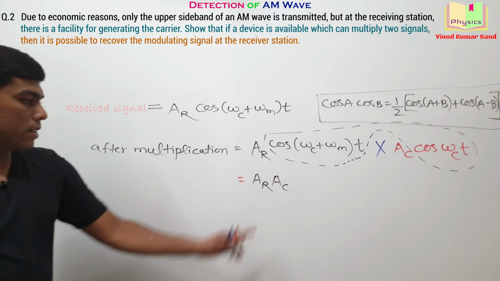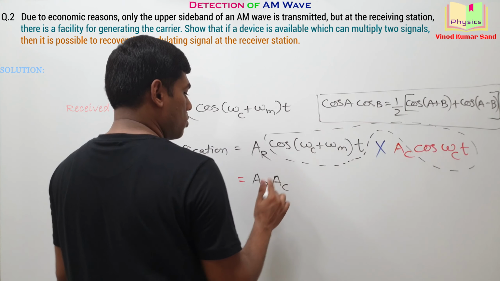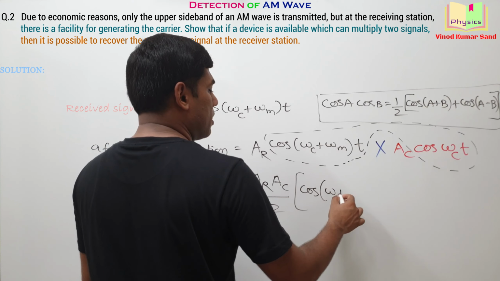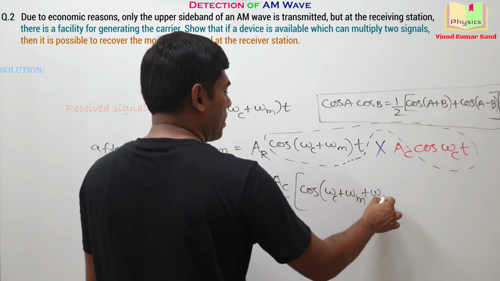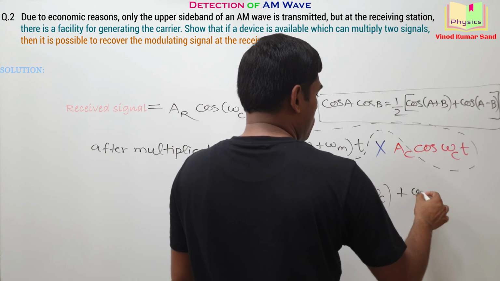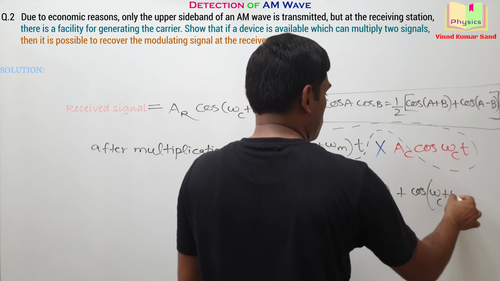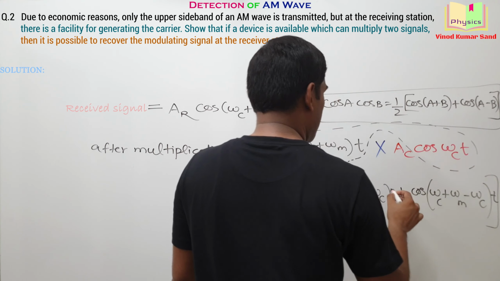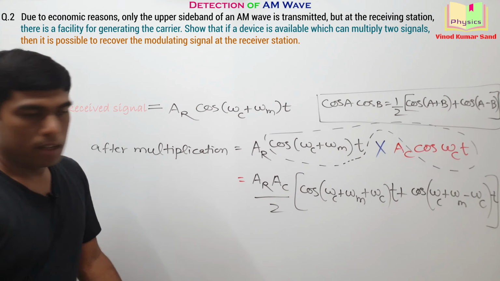Is it okay? Let's put up the data. This 2 comes here. Then we are left with cos of (omega c plus omega m plus omega c) t plus cos of (omega c plus omega m minus omega c) t. Is it okay?